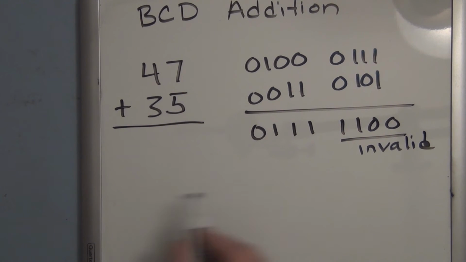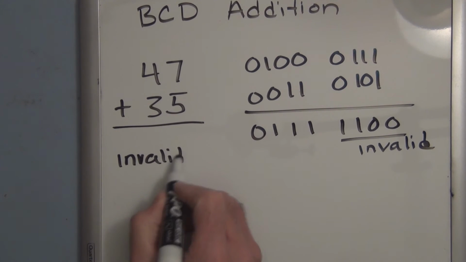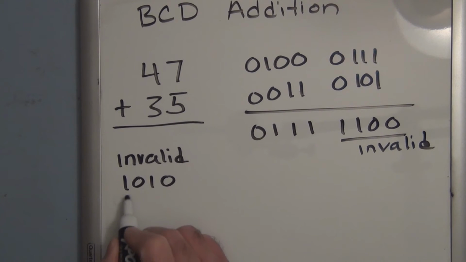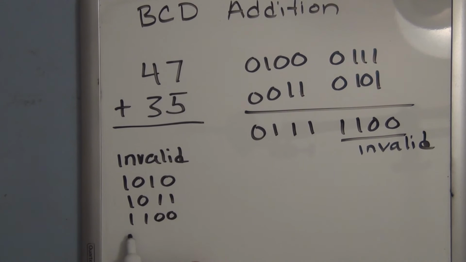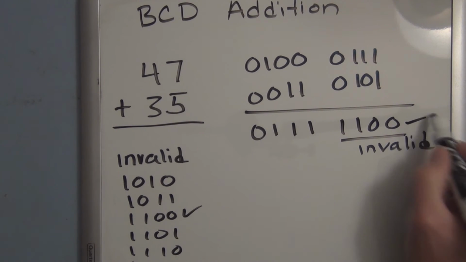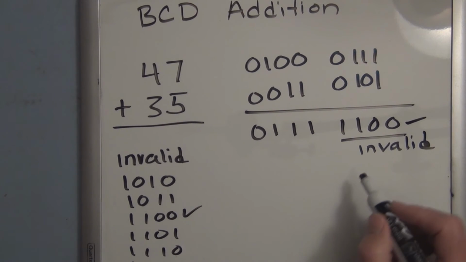So let's write down those invalid groups real quick. Invalid: 1010, 1011, 1100, 1101, 1110, 1111. So this is an invalid group, so we have to add 6 to it.